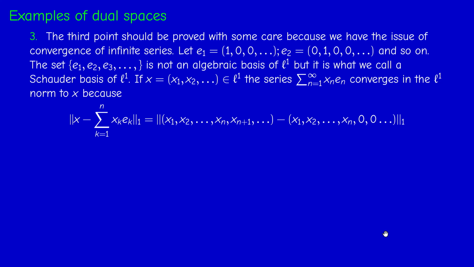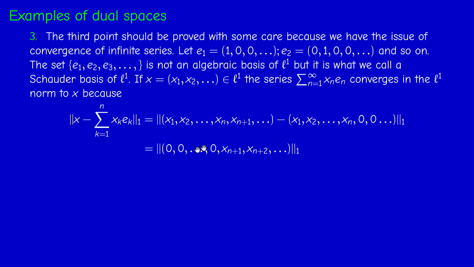So it's just the distance between two vectors in a normed space, and we have to evaluate the norm 1 of this difference. When you do the difference, the first n components cancel with each other. So we just get the norm 1 of this sequence whose first n components are 0. What is the norm L1 of this sequence?